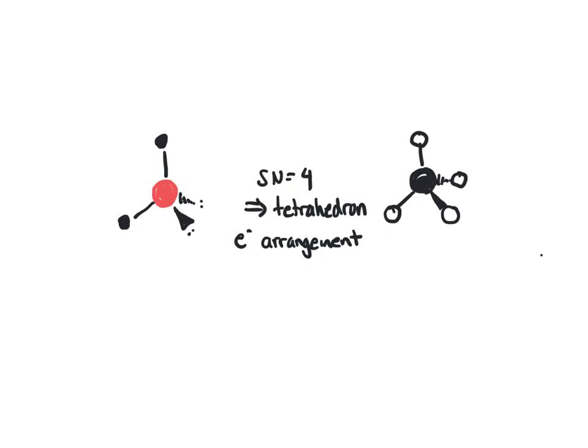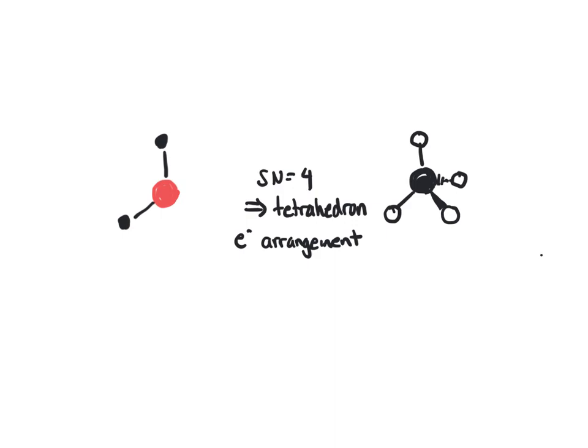So I start by thinking about those electron arrangements, and then I'm going to actually get rid of my lone pairs. Because I can't see the lone pairs, it's as though they aren't there. And so if they're not there, I can't see them, and they don't contribute to the shape of the molecule. So if I'm looking at water, and I remove where those lone pairs are, keeping the atoms exactly where they were when those lone pairs were there, I end up with the shape of the water molecule, which is bent.